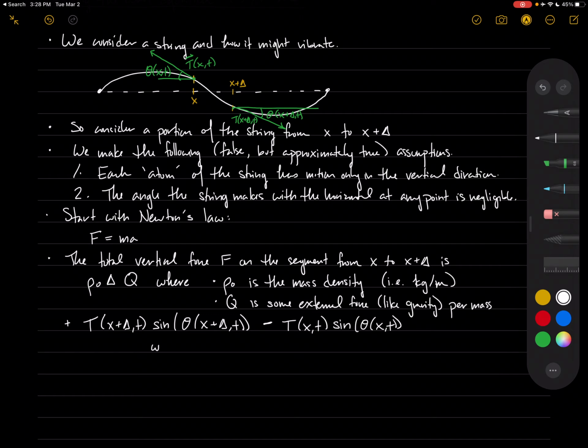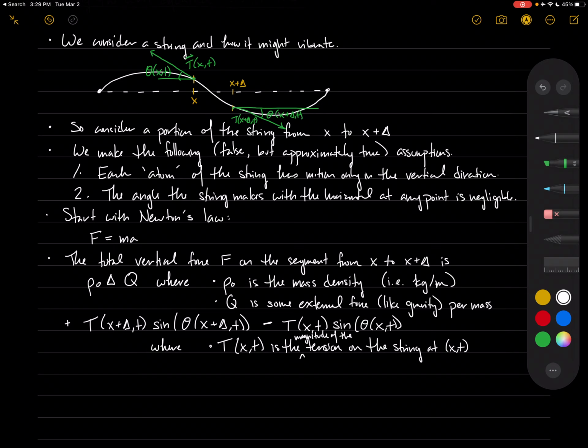To be clear, t of x,t is the tension on the string at x,t, and to be even more clear, the magnitude of the tension.